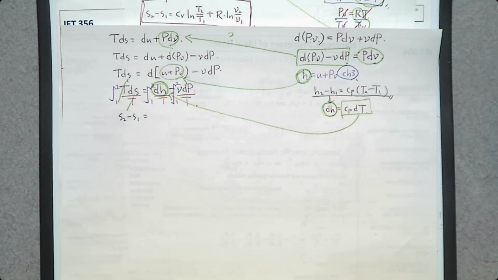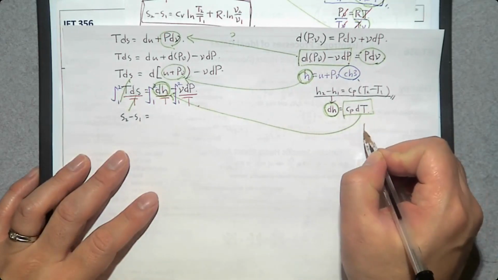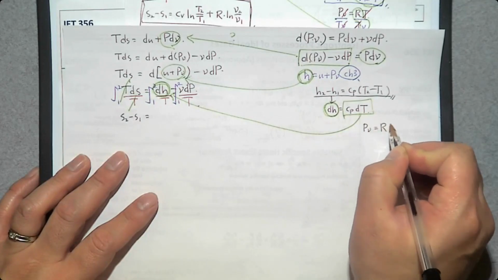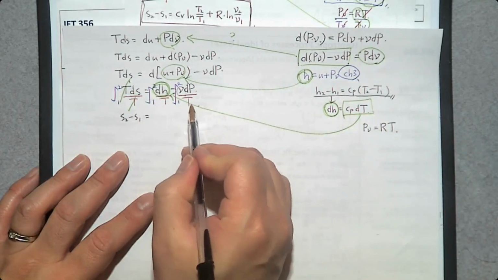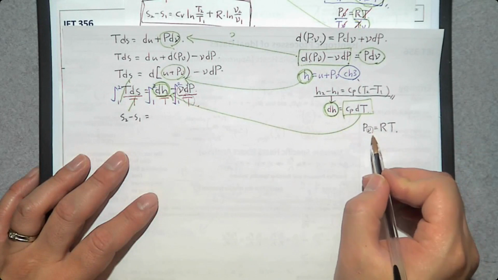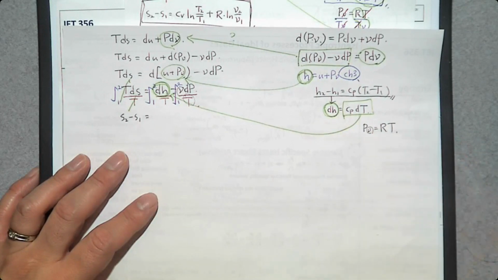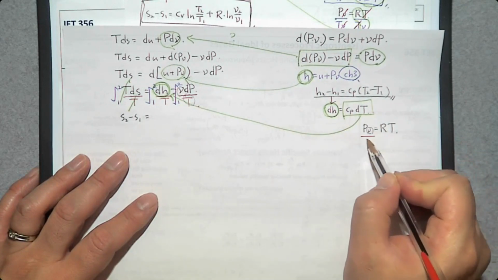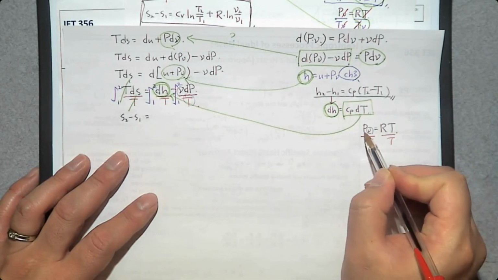What about the last term? We have a V over T. Do we have an equation that has V, P, and T all together? Yes, the ideal gas equation. PV is RT. But what is the form? V over T. Can we have a V over T? Yes, we can divide by temperature T. Then what about this P?